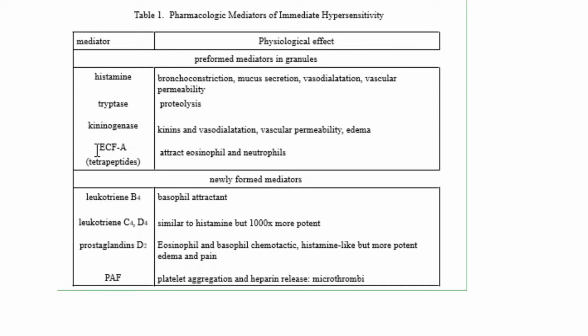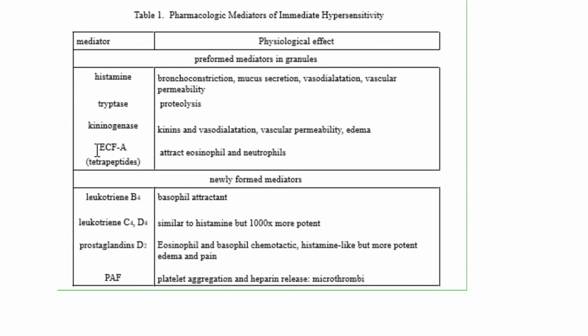The other form of the mediator is the newly formed mediator, which causes delayed type of hypersensitivity, not an immediate release. It is a delayed type of release, like leukotrienes B4, which cause basophil attraction, and leukotrienes C4, D4, similar to histamine but 1,000 times more potent.